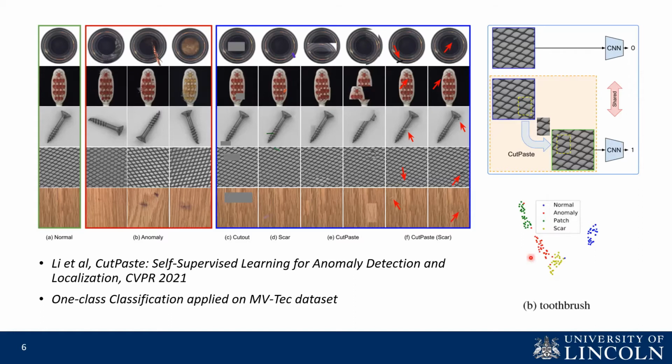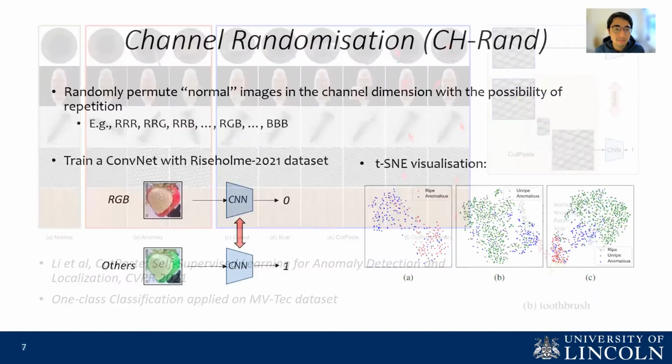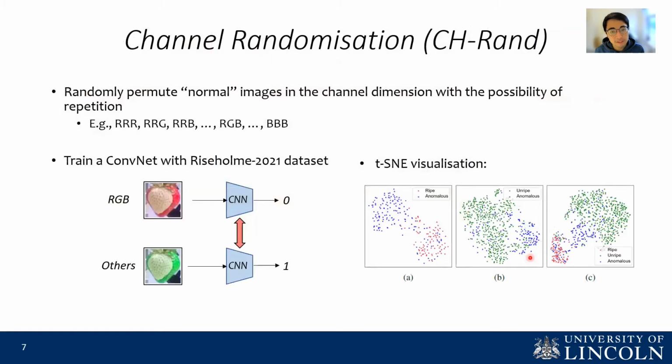from tested images. We take a similar approach for fruit images, but we are introducing a new technique called channel randomization. Instead of cut-paste, we randomly permute the values in the channel dimension of the images.